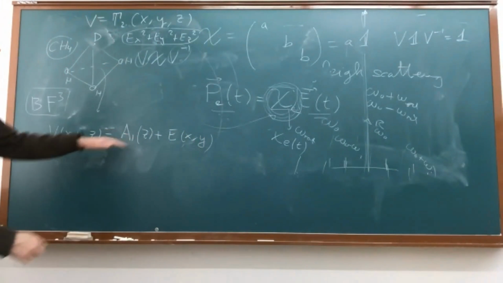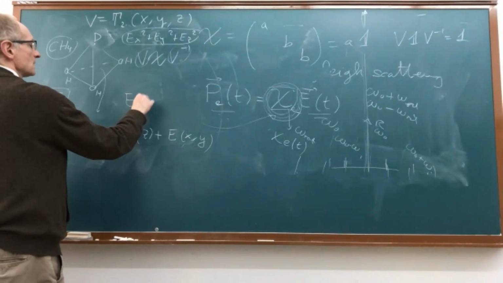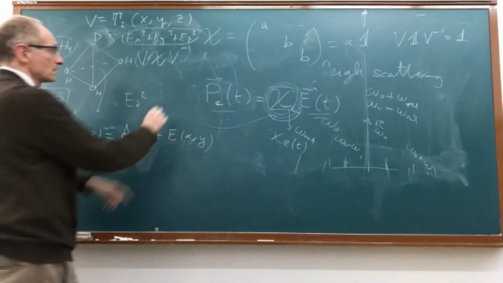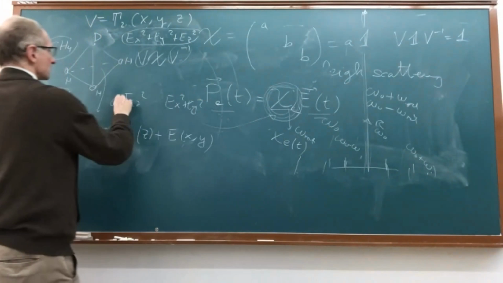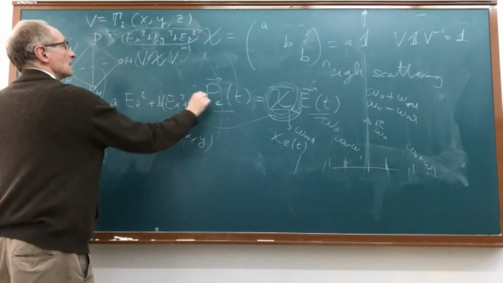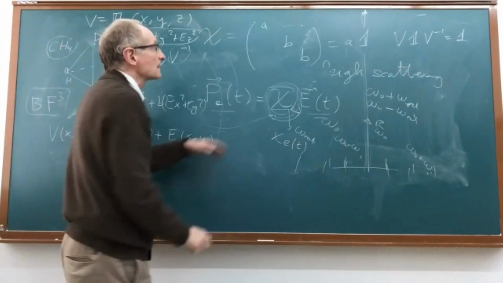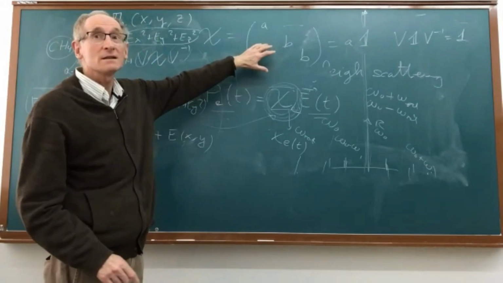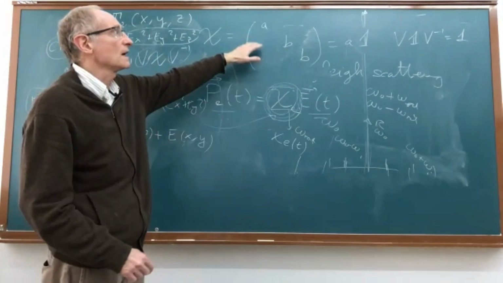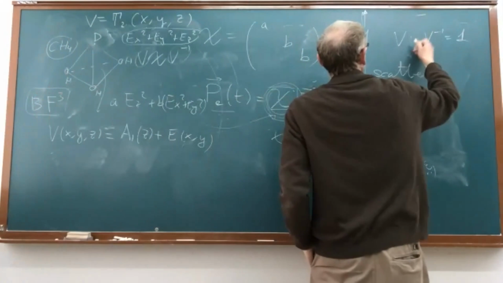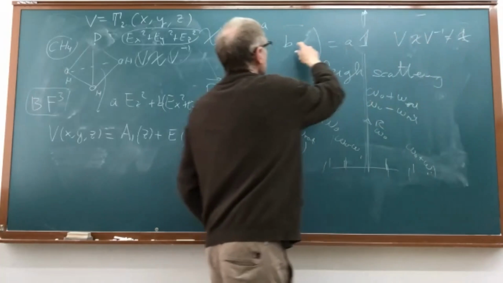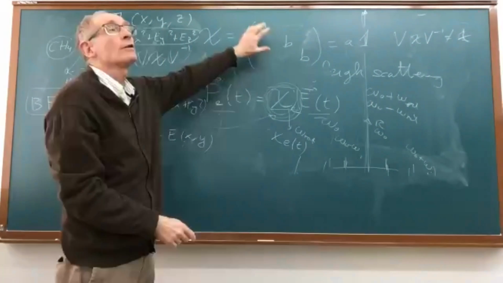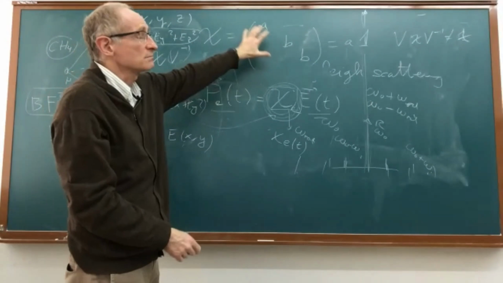So I can form two invariants. This is squared, this norm, and this norm. So I have this, and then when I rotate this, this changes. This is not invariant, this is not the identity. I mean, this doesn't commute, because in general, this doesn't commute with all the matrices of the vector representation.